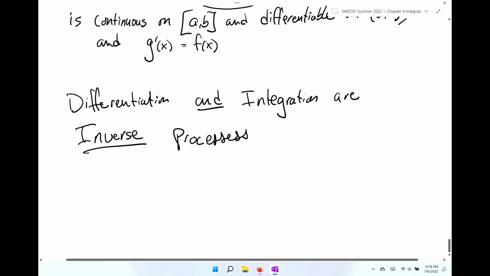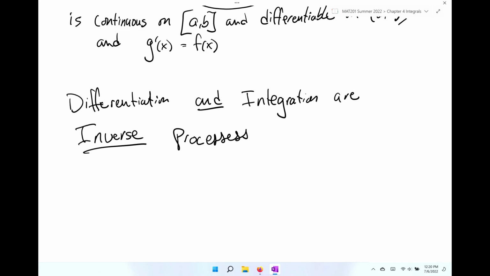Much like adding and subtracting are inverses, multiplying and dividing, square root and square, derivative and integration are inverse processes, which means there is a relationship between these two. And we can use all that information that we have from derivatives and apply it to integrals, and we take all the information from integrals and apply it to derivatives as well. All right? Whew! That's a lot.